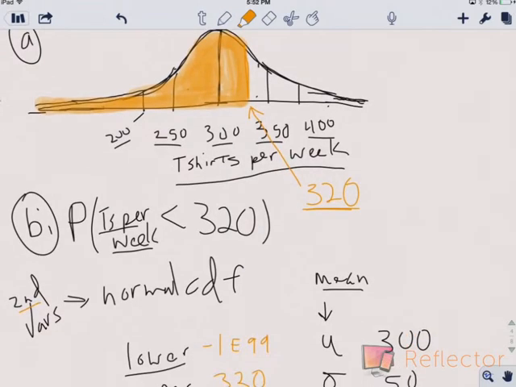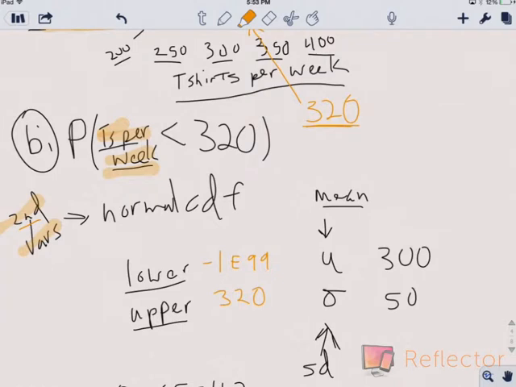The probability of t-shirts sold per week being less than 320 can be found using 2nd VARS, and then you choose normal CDF on your calculator, and it's going to ask you to input lower boundary, upper boundary, mean, which is the Greek letter mu, and standard deviation, which is the Greek letter sigma.